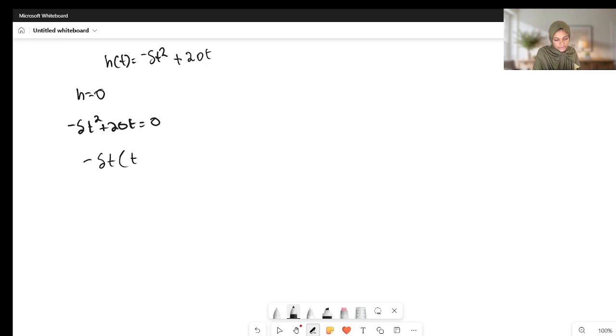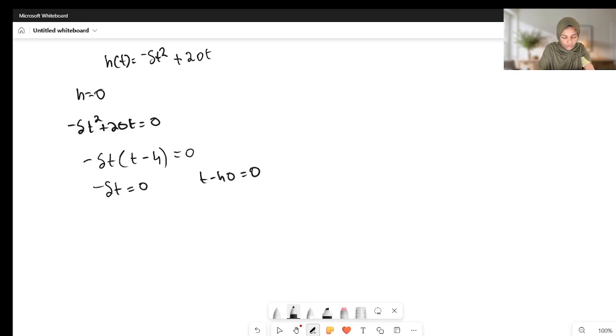We took minus 5t out of this and it's going to be t minus 4 is equal to 0. And here minus 5t is equal to 0 and t minus 4 is equal to 0.